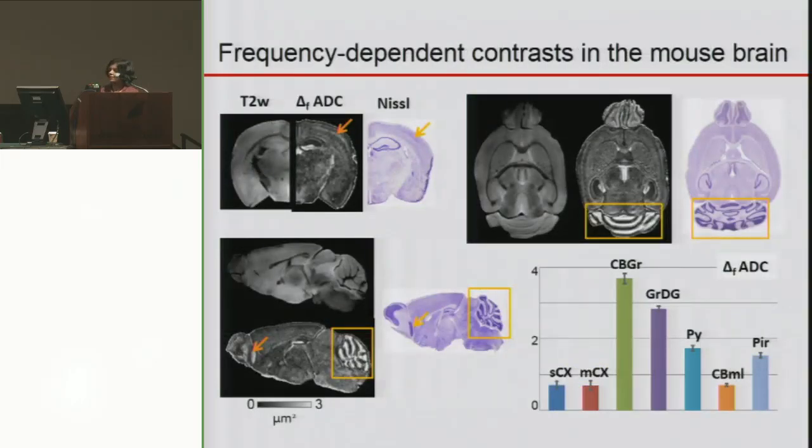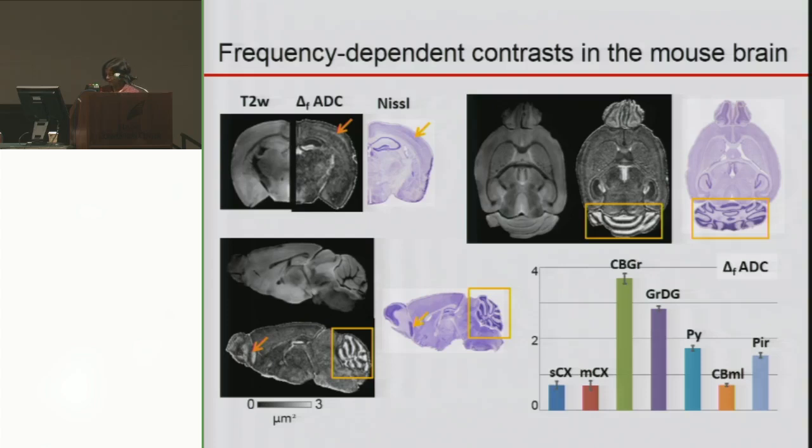So this slide shows frequency-dependent contrasts in the entire mouse brain. What is interesting here is that these contrasts seem to correspond very closely to the intensity of Nissl staining in the brain, which could suggest that they are sensitive to cellular density in brain areas. And this bar graph at the bottom shows the increase in ADC versus frequency across different cellular layers in the brain.